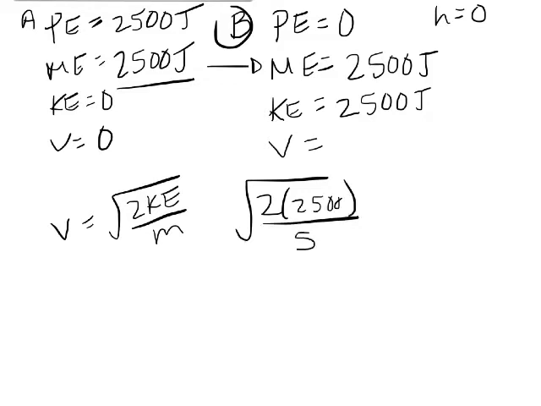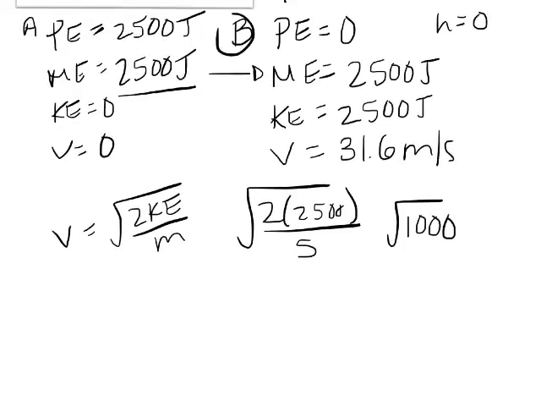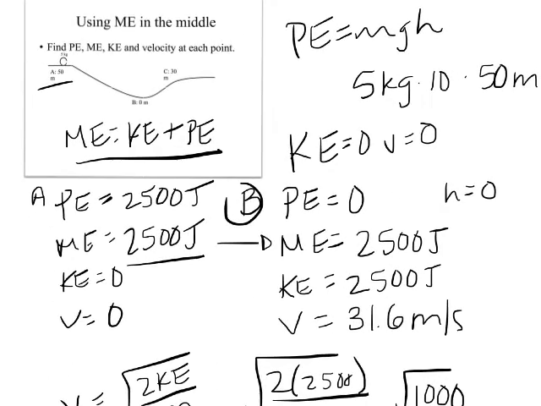Should be 5,000 divided by 5, which is the square root of 1,000, or 31.6 meters per second. This is stuff that you've already done. You've already been working with this, should have a handle on being able to do this.